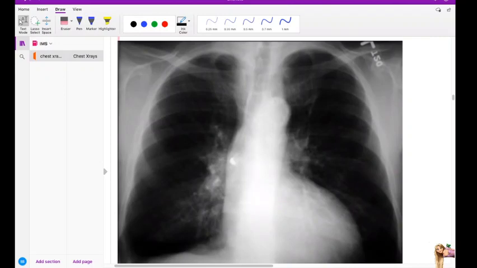There's some foreign body over here. I can't see what you guys are seeing though. I'm not sure what you are seeing. I can't see it.